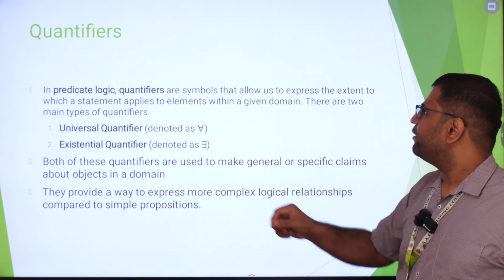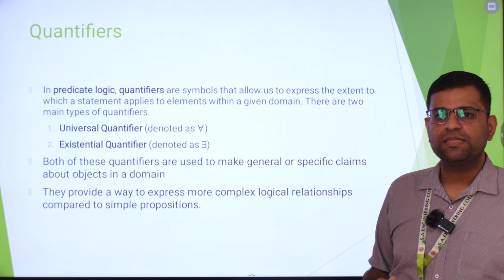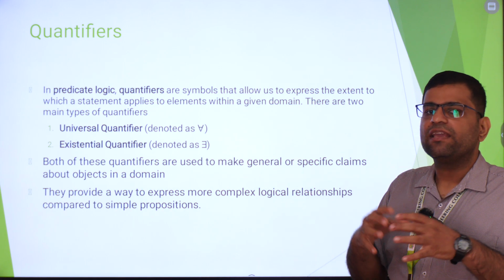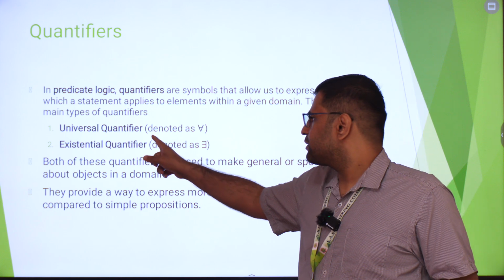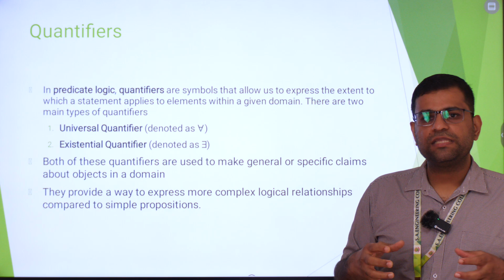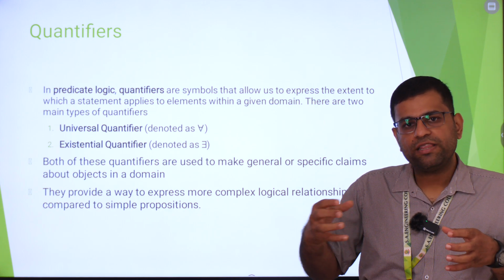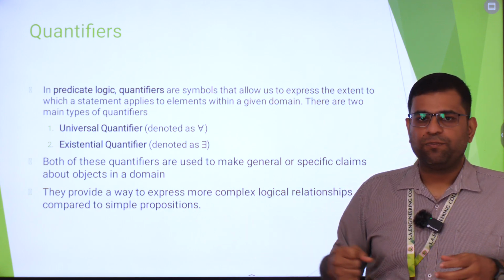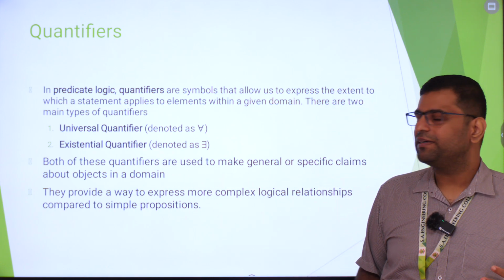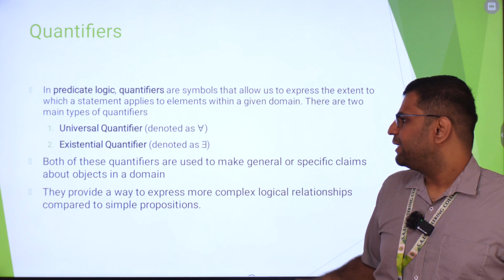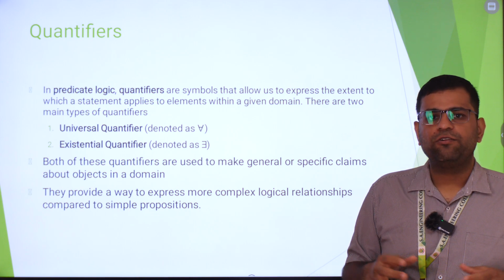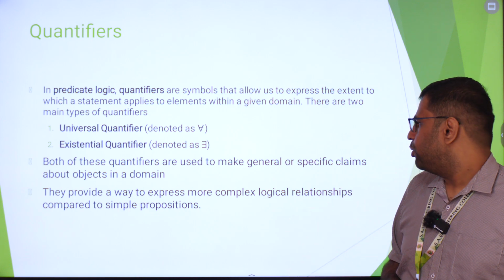So we will see about the quantifiers. Quantifiers are symbols applied to the elements in a given domain. The universal quantifier means it is applied for all the values of the expression. The existential quantifier is expressed as an inverted or reversed E, and it means that at least one of the values should be true for the whole expression to be true.